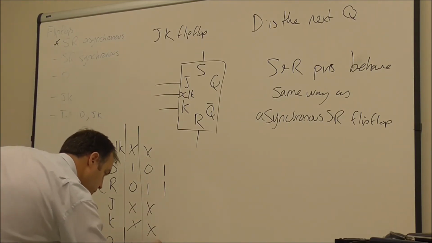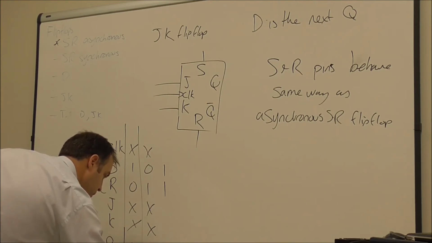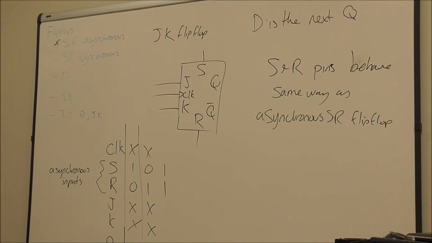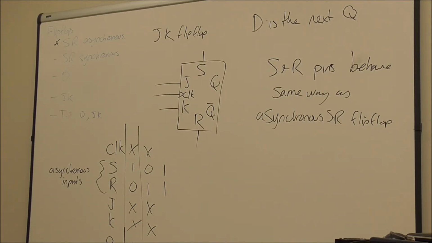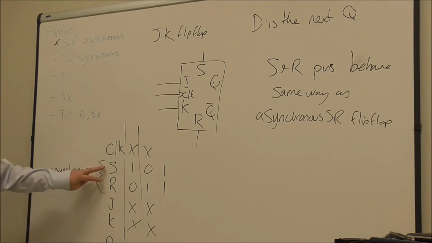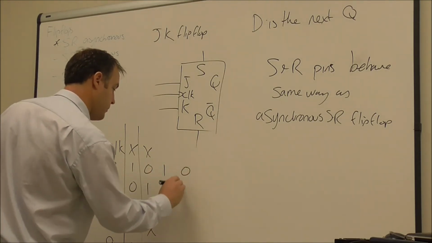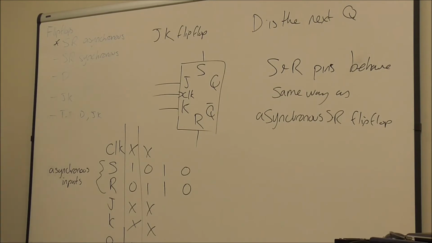So, not allowed. Okay, so S and R cannot both be high. It's not allowed. And if S and R are both 0, then we can start looking at the other pins and see what they do.